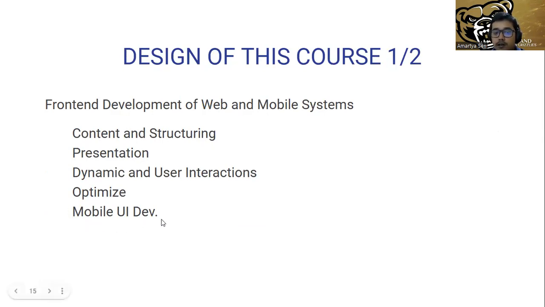Then we will develop UI for your mobile platform, also known as the native platform, by learning another library, which is not an extension but is built using JavaScript technology, that is React Native.